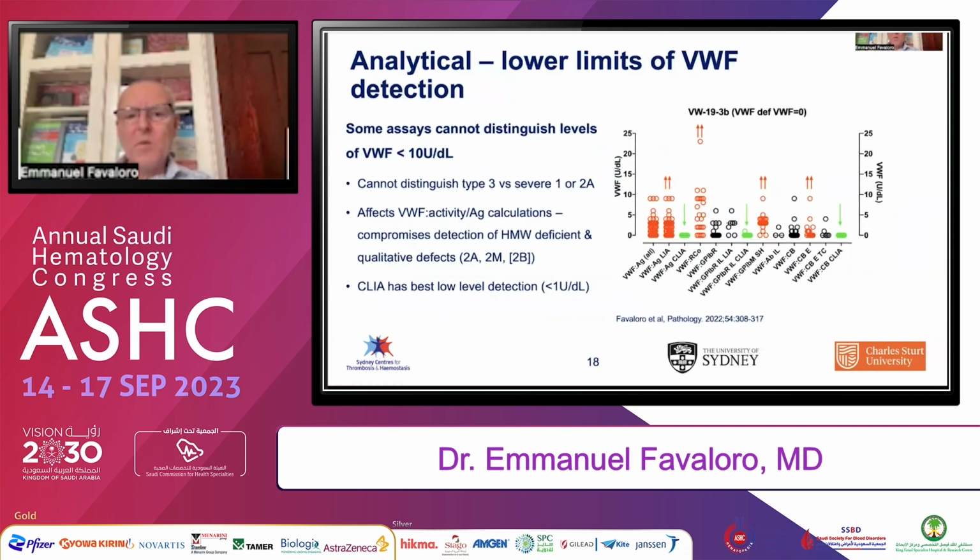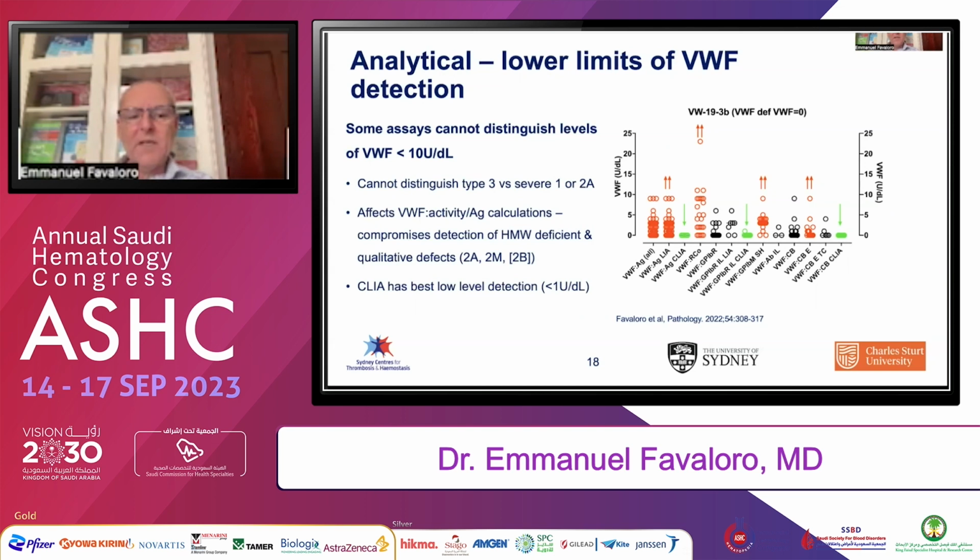One of the problems with von Willebrand factor testing is the lower limit of VWF detection in the assay. Some of the assays, in particular the routine ristocetin cofactor assays I'm showing you on the right, cannot detect levels less than 10 units per deciliter. In other words, labs that have these assays cannot distinguish von Willebrand disease type 3 from severe type 1 or 2A von Willebrand disease.